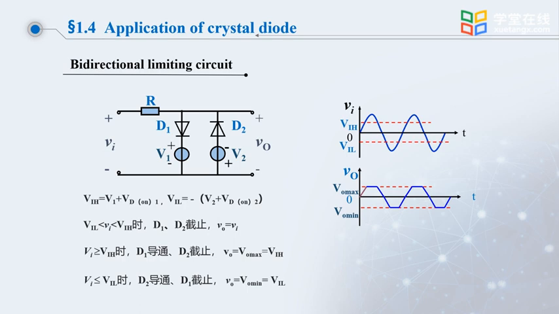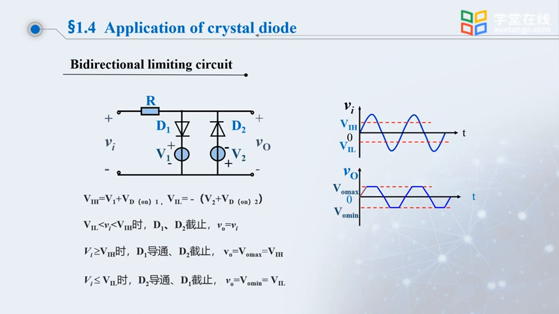At this time, these two branches are not conducting. If they are not conducting, no current flows, so VO and VI are equal. Therefore, if VI is less than VIH and greater than VIL, both D1 and D2 are off. At this time, the output voltage changes with the change of VI.